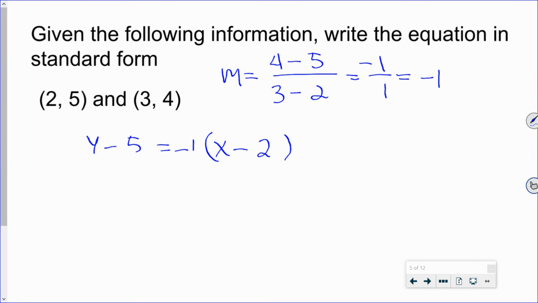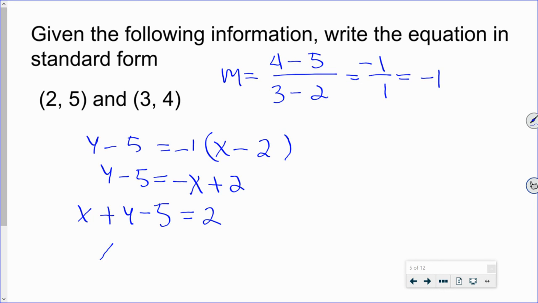All right. Now, no matter which point I pick, if I do my algebra correct, I'll get the standard form to be the same. So I've got to distribute a negative 1 through it. So y minus 5 equals negative x plus 2. Add x to both sides. So I'll get x plus y minus 5 equals 2.